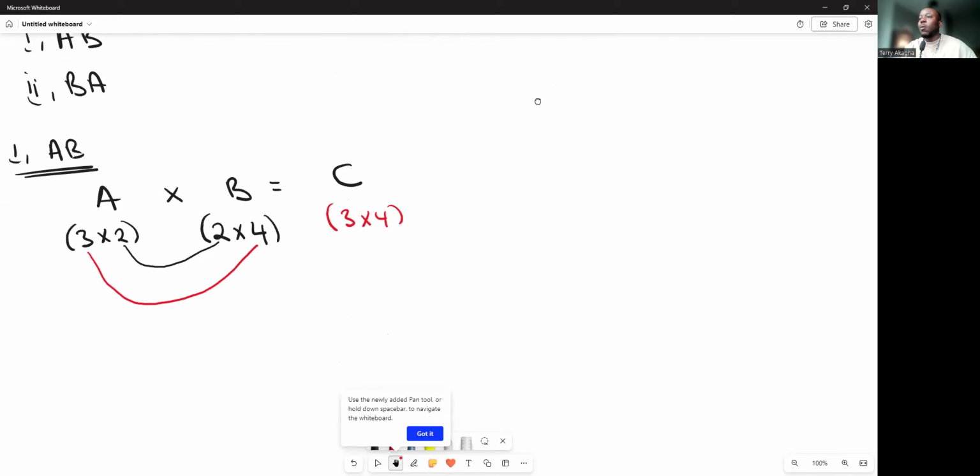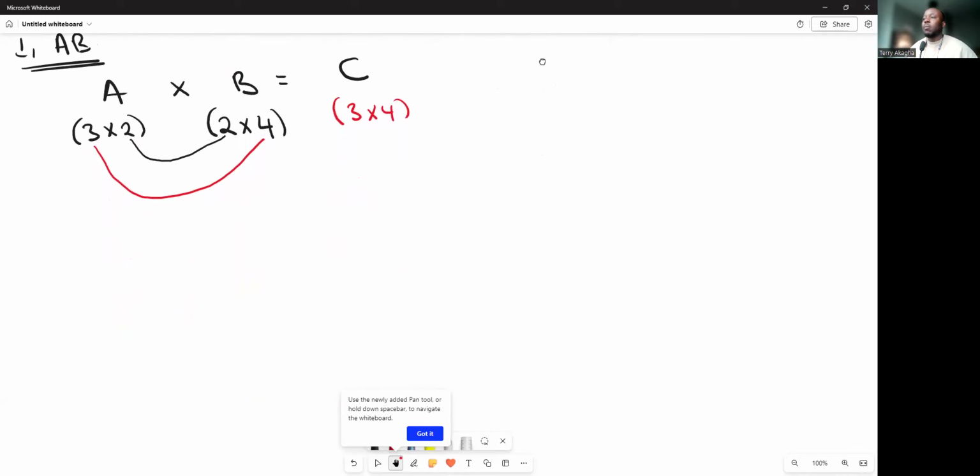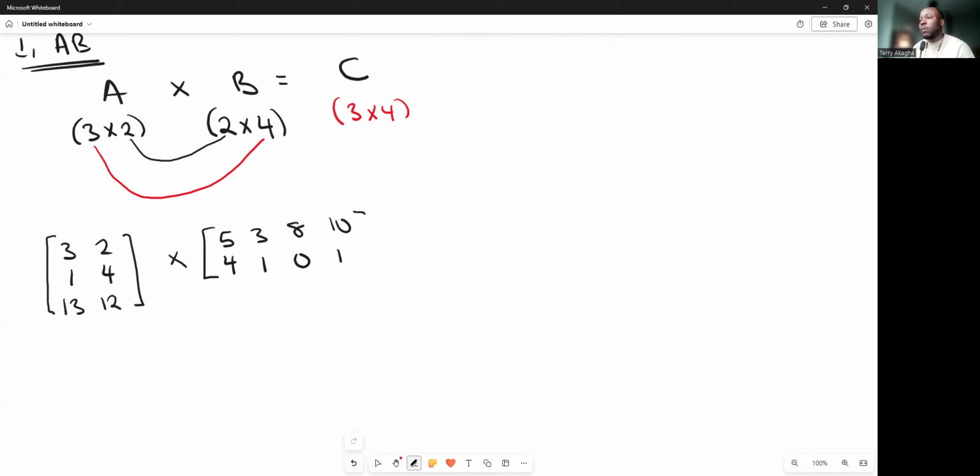Now let's move to the next one. We've done step 1. So we're going to write this now so we can multiply. Matrix A was 3, 2, 1, 4, 13, and 12, multiplying matrix B, which was 5, 4, 3, 1, 8, 0, 10, and 1.